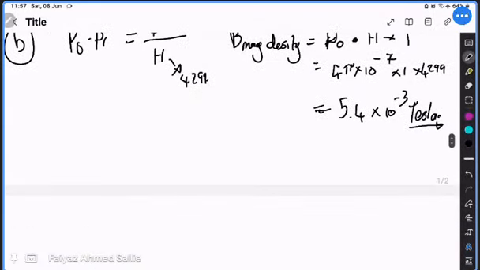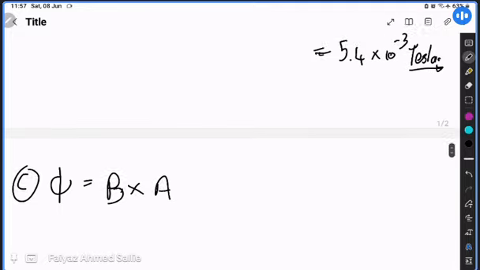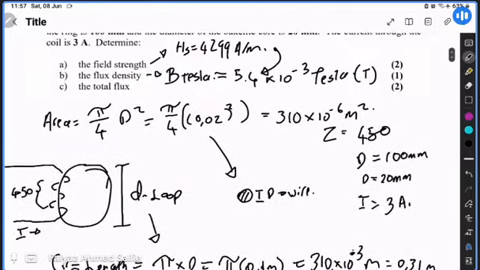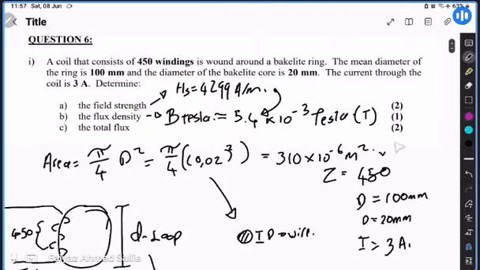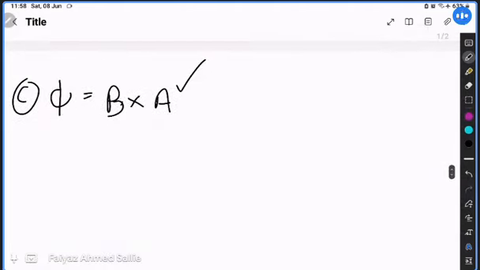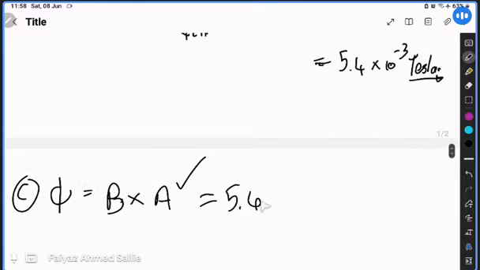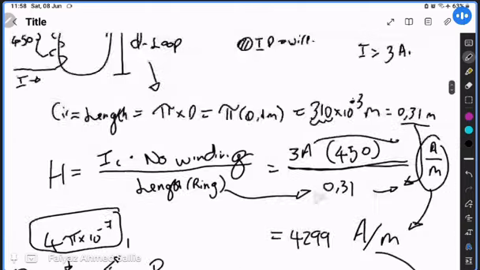So we know total flux is equal to the density multiplied by the area. And remember, we calculated the area over here, so that is your 1 mark. So the next mark is over here. As we calculate, this will be our second mark. Our density is 5.4 times 10 to the negative 3 multiplied by the area.